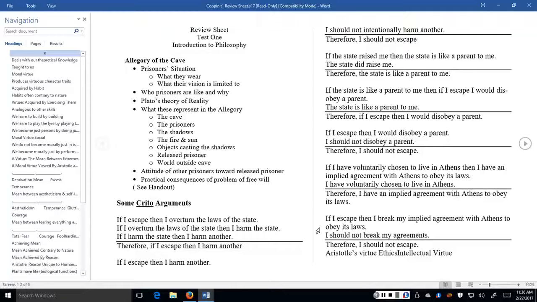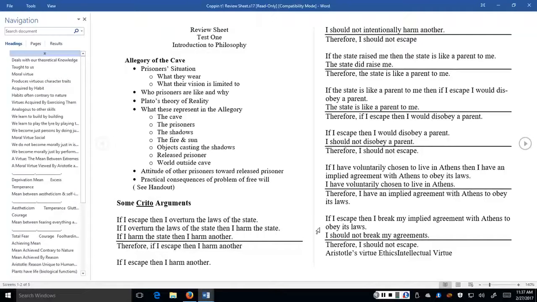He relates to the state as if it were not only another human being, but a parent. The laws of the state enabled his parents to get married. He grew up and was educated under the laws of the state. So if the state is like a parent to me, then if I escape, it would be like disobeying a parent. And he says, well, the state is like a parent to me, therefore I shouldn't escape.